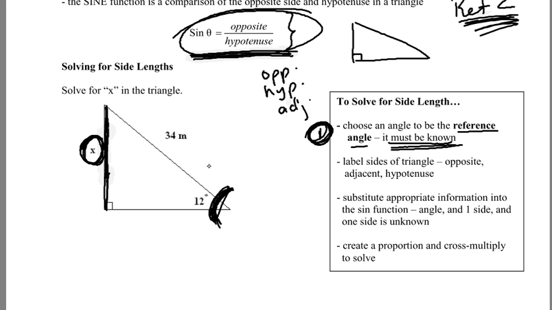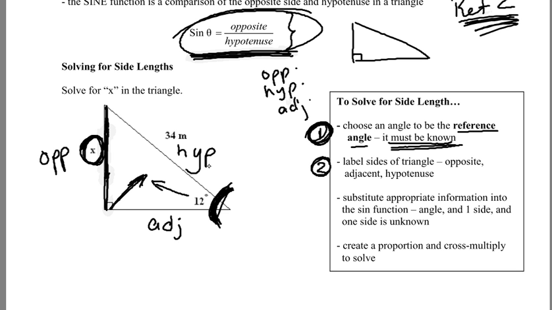So there's your first step. We're going to work with the 12 degrees. Second step from yesterday, we can now label our sides. Across from the 12, opposite the reference angle, is the side opposite. Opposite the 90 degrees is always the hypotenuse. That leaves the adjacent.